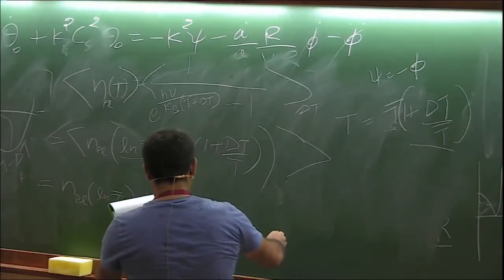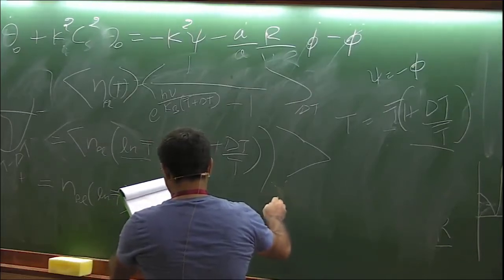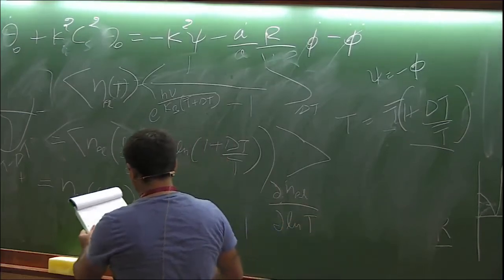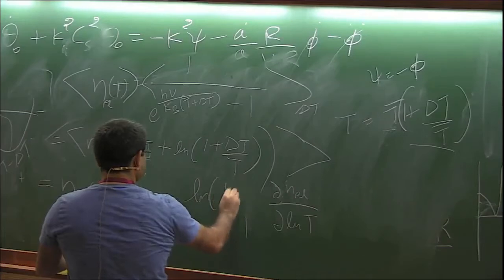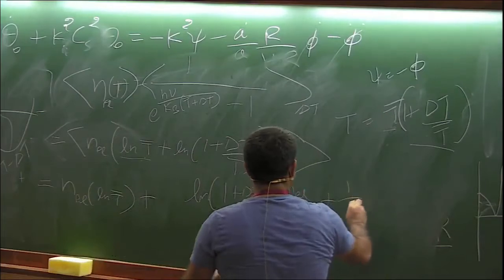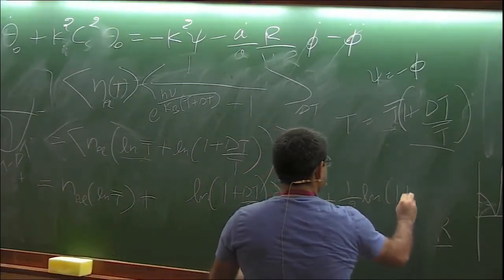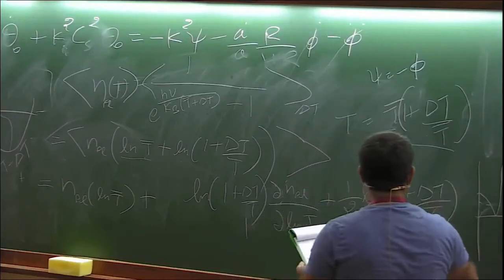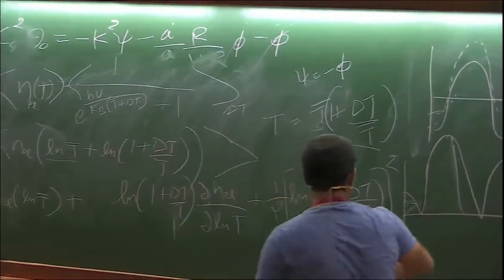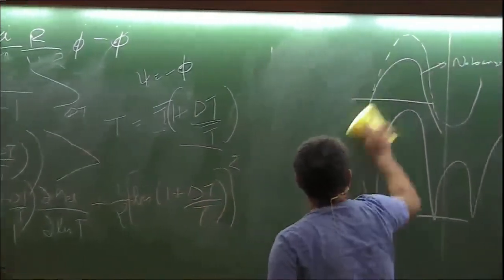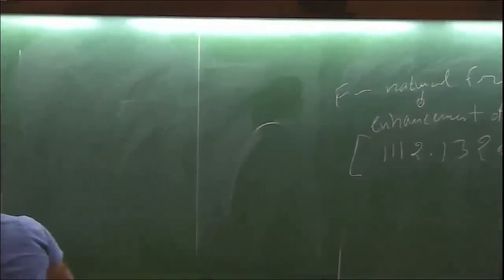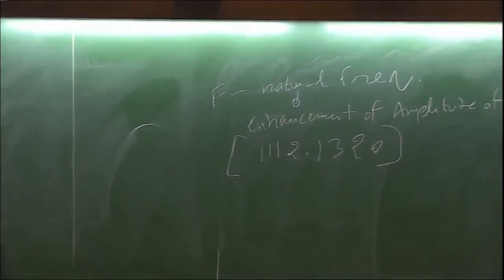There will be a term partial n Planck over partial log T, which will have a coefficient that is log of 1 plus delta T over T, that is our perturbation, plus 1/2 of delta T over T squared. We expand up to the second order.